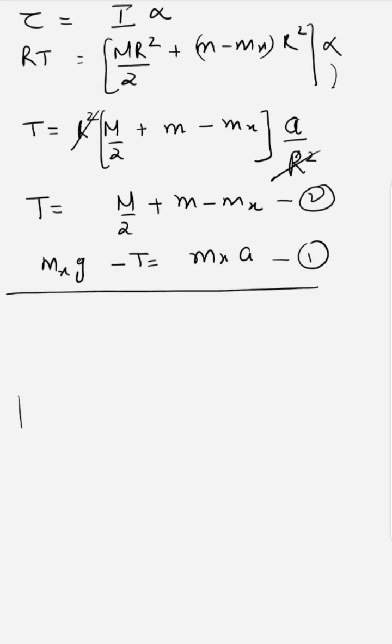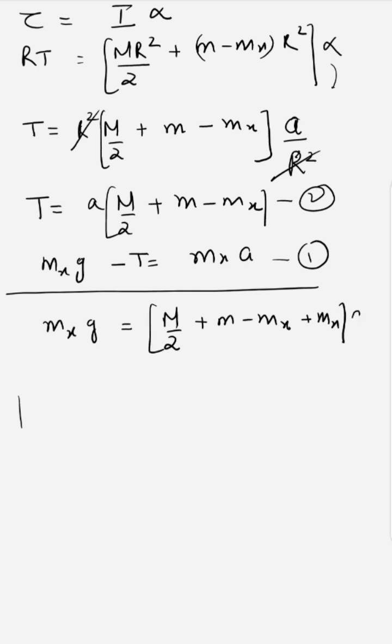And we are left with mxg is equal to (m by 2 plus m minus mx plus mx) multiplied by a, where overall I'm taking a as common.